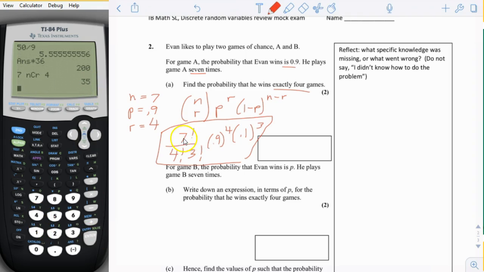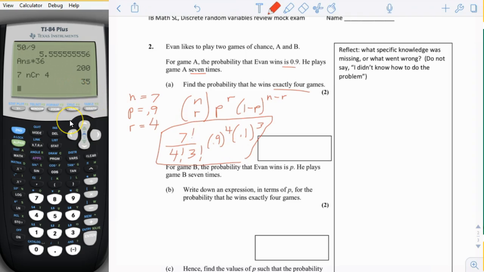And that'll give you 35. Is this 35? Let's see. 7 factorial divided by 4 factorial is 7 times 6 times 5. So yeah, it'd be 35. And then 0.9 to the 4th, you could just multiply that out by hand on the calculator, right?